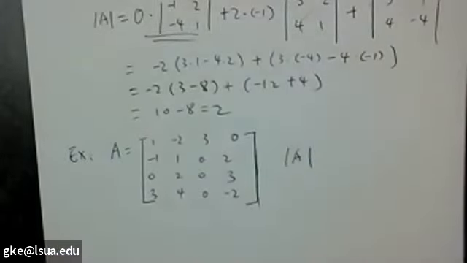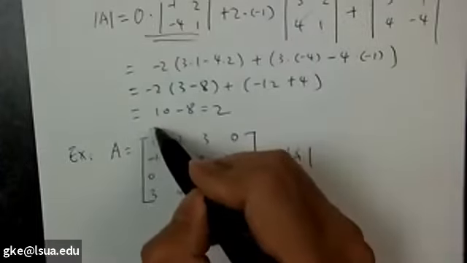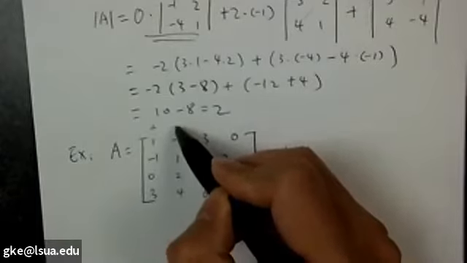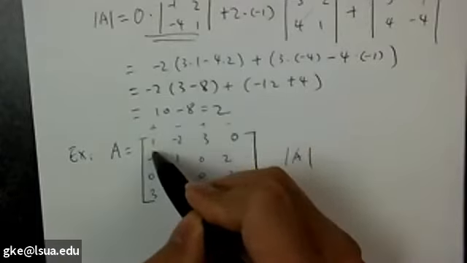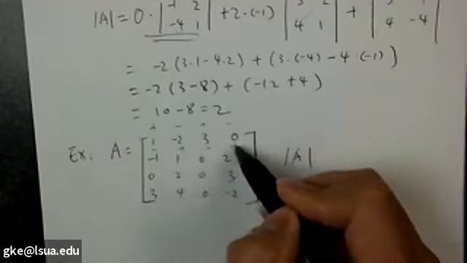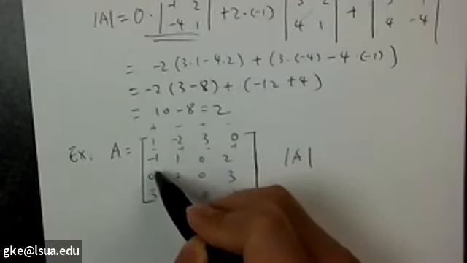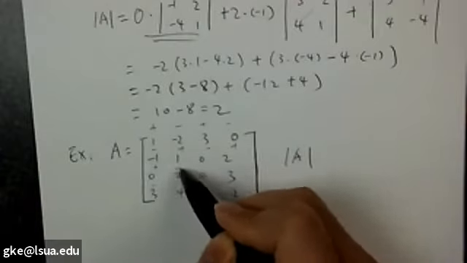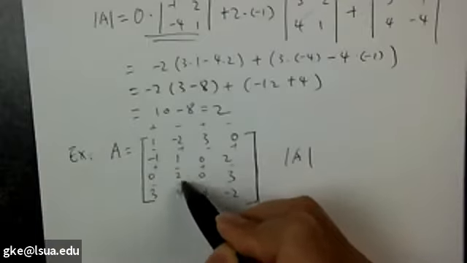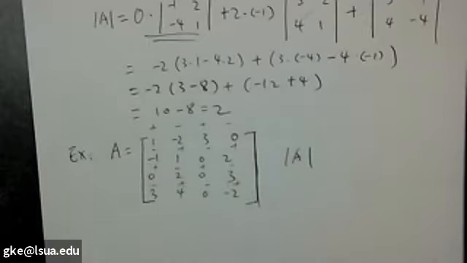The 4 by 4 is very similar to 3 by 3. When you do the expansion, the first thing you're going to find is the sign, right? So alternate the sign. And then you're going to do the expansion.